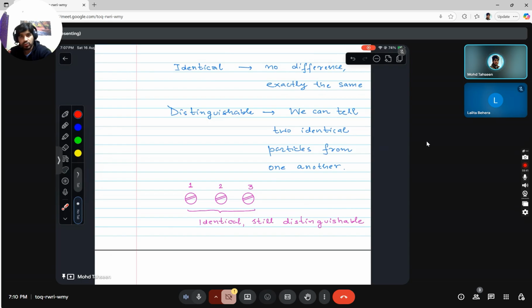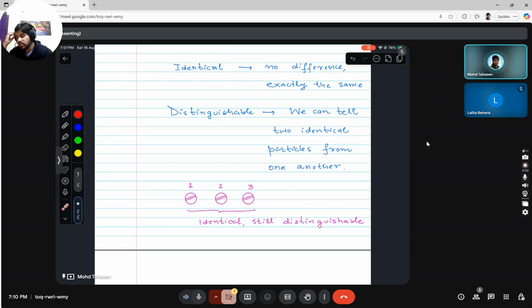If I first show you one and then ask you to close your eyes and show you another, you will not be able to say which one was which. But at the same time, if I give you these three balls, you can tell this is the first ball, this is the second ball, this is the third ball. So in that way, they are distinguishable from one another, right?